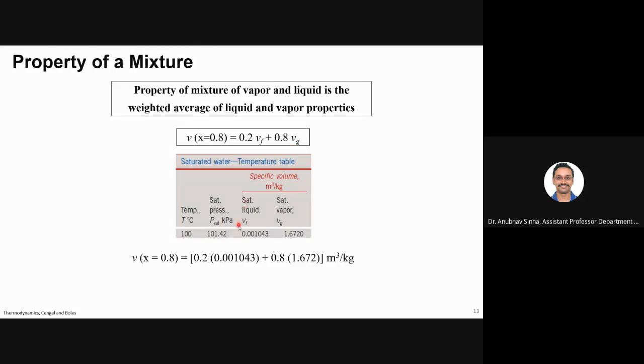So if I substitute these values, 0.2 of vf, where vf is this much, then 0.8 of vg, and if you calculate, you get this. So this is the specific volume for a liquid-vapor mixture at 0.8 quality or dryness fraction.